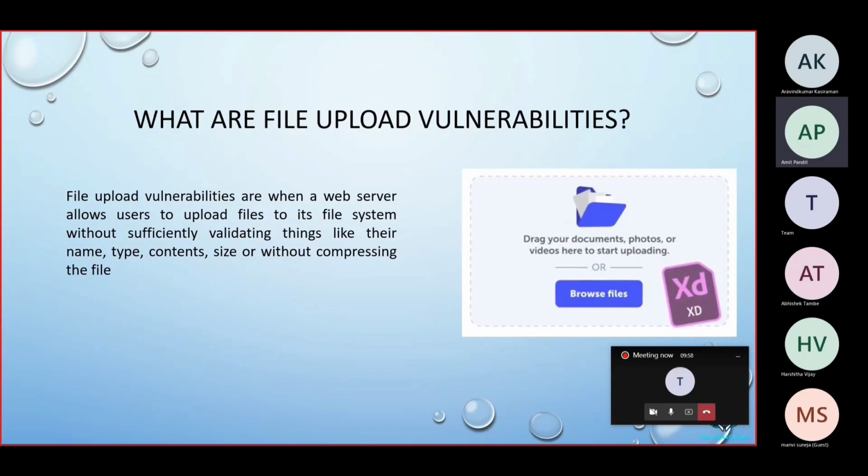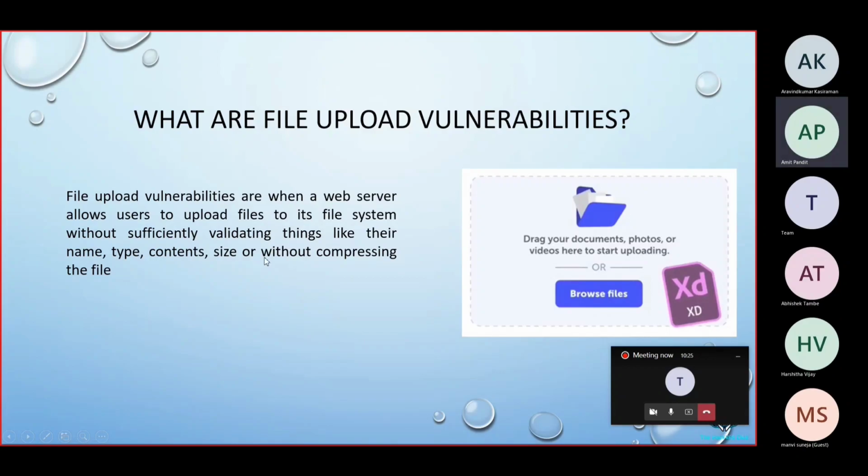File upload vulnerabilities occur when a web server allows users to upload files to its file system without sufficiently validating things like file name, file type, contents, file size, or without compressing the file when it gets uploaded to the server. So when the server fails to validate the file name, file type, file content, or file size during the file upload, it causes file upload vulnerabilities.